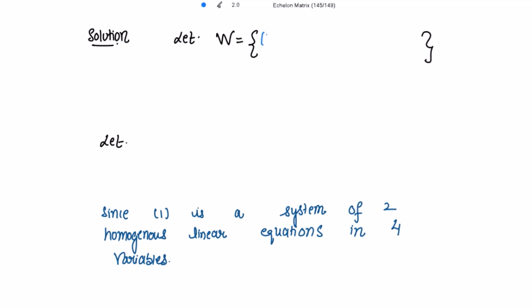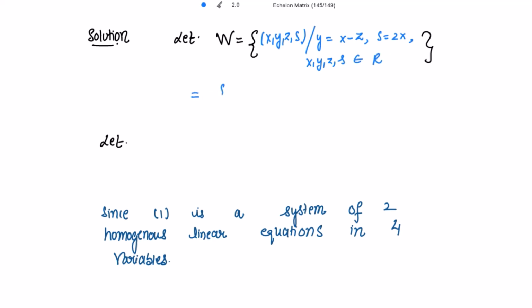So we are having the subspace having the vector of this kind and with these two conditions. So W is equal to x, y, z, s, the vector, such that y is equal to x minus z and s is equal to 2x, where x, y, z, s all are belonging to the set of real numbers.